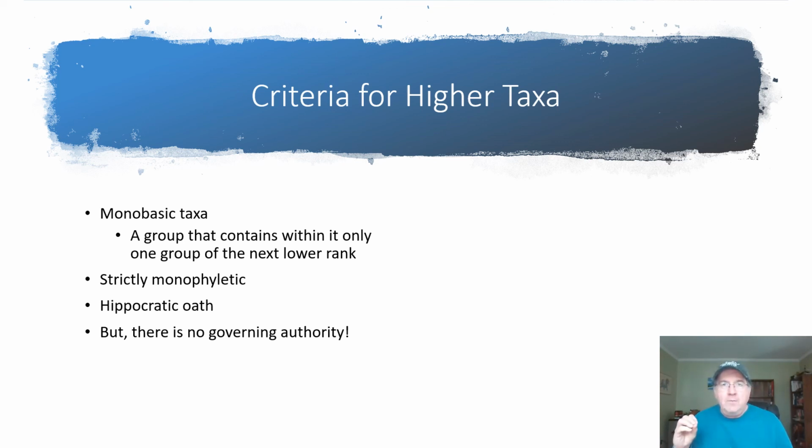So when people propose higher taxa these days, anything from genus up to order, these taxa must be, as far as I can push that phrase, strictly monophyletic. And I mean monophyletic in the cladistic sense. That is the common ancestor and all of its descendants. So no paraphyletic groups, no polyphyletic groups are acceptable. That's the gold standard anyway.